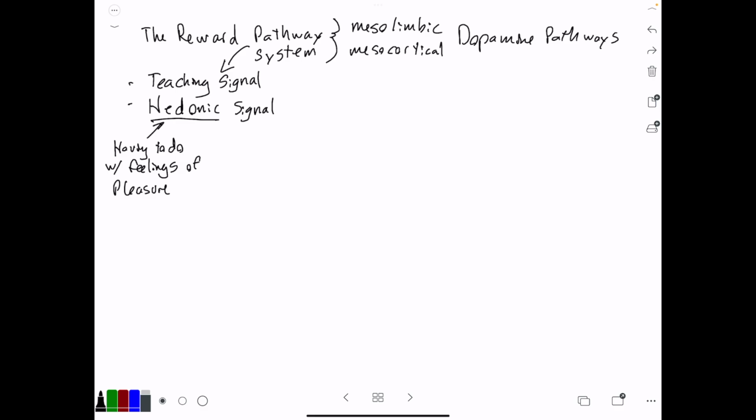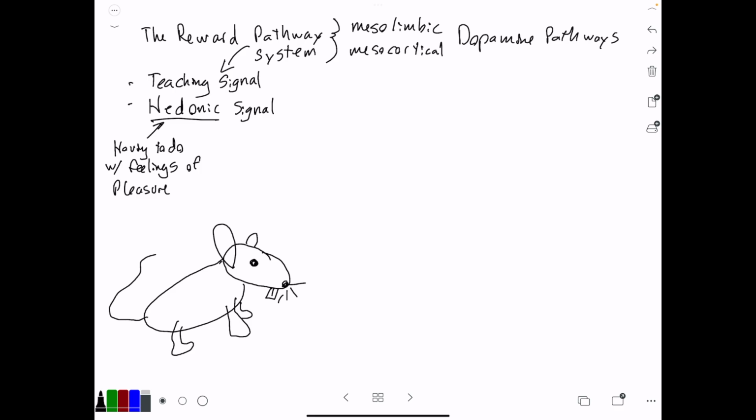So let me illustrate in a very simple way some of the first basic experiments. And these, of course, were done in rodent models. So I'm going to draw a very crude and perhaps offensive, for all of those rat lovers out there, drawing.